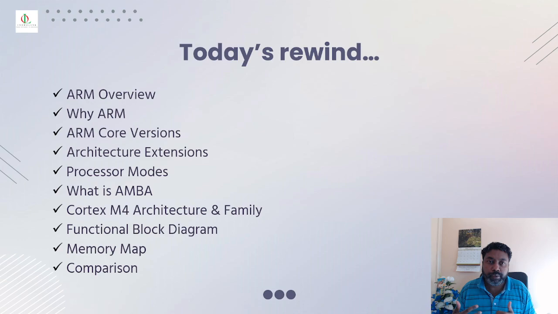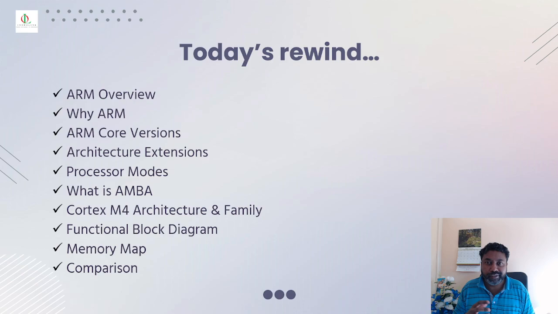And just to recap about today, we learned about the top overview of ARM and why we went for ARM, and its core versions, different versions V4 to V6, V7, the architecture extensions about the TrustZone environment, how and where it suits your project needs, and the processor modes, the thread mode and the handler mode.